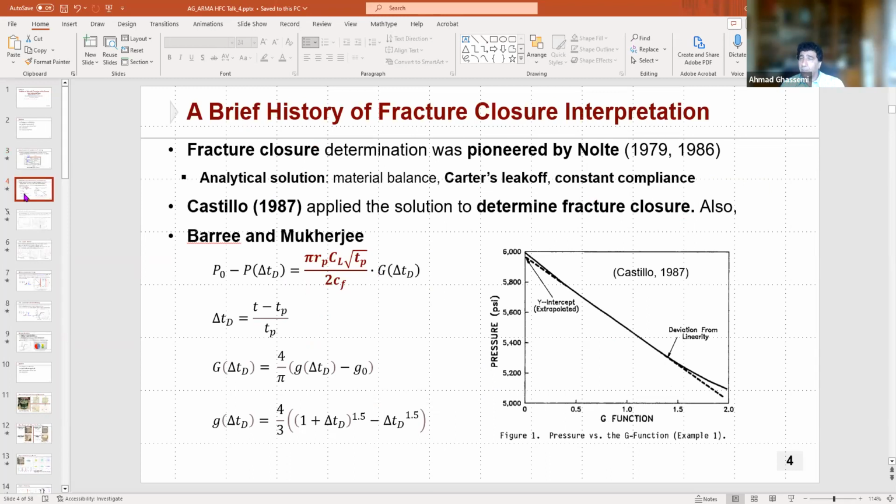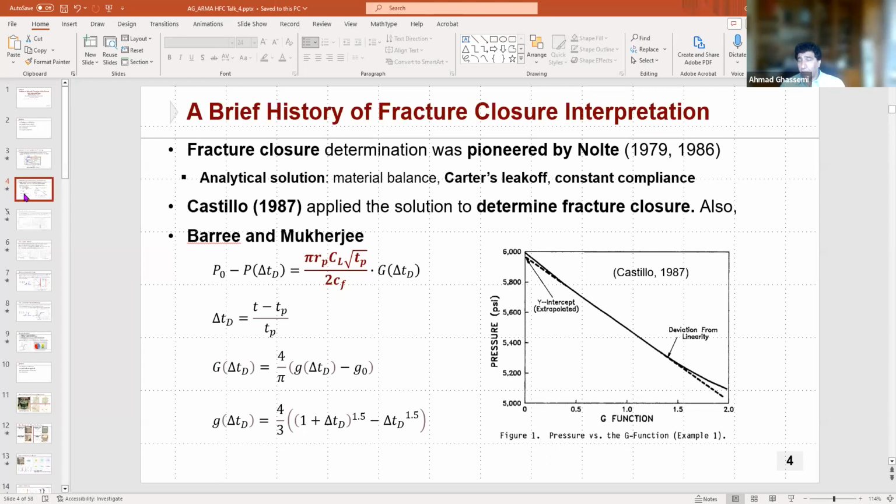And to give you a brief history of the developments in this area, it's important to review that most of the interpretation techniques for closure pressure determination are rooted in the work of Nolte, that he developed using a constant Carter-Leacoff model and a fracture that has a constant stiffness or compliance.